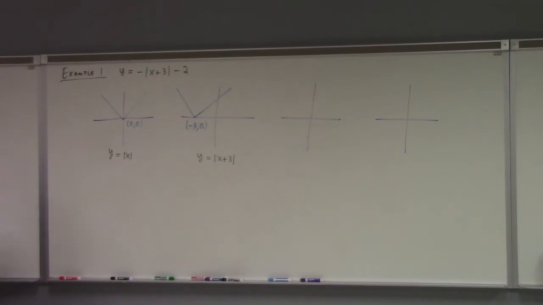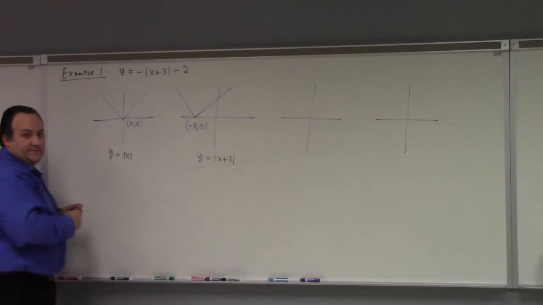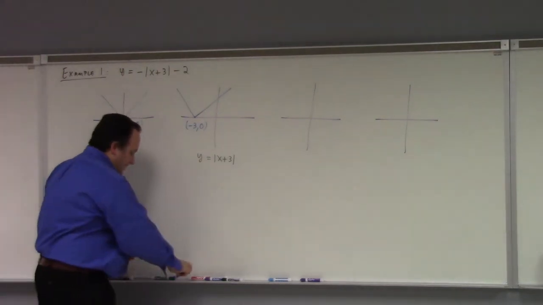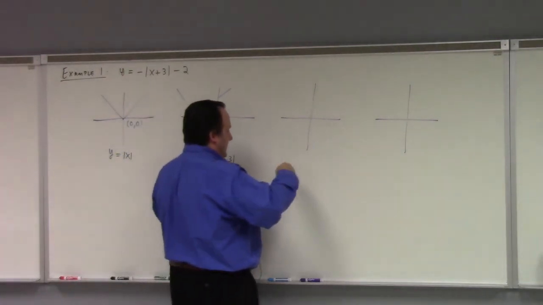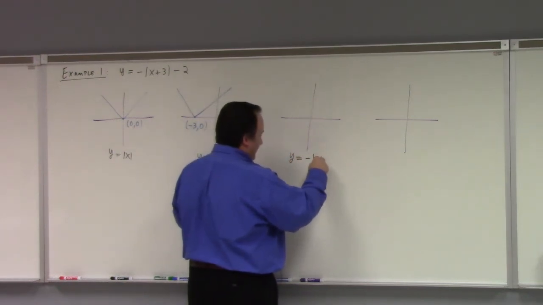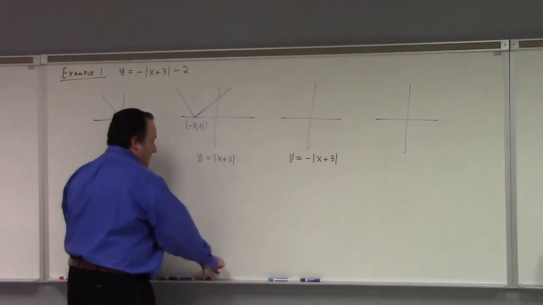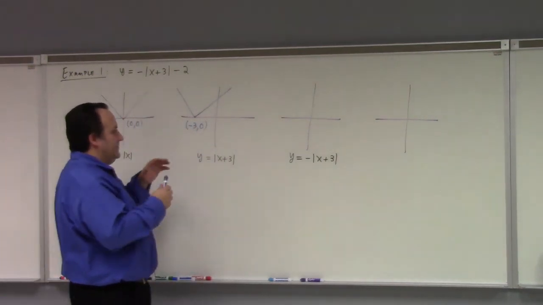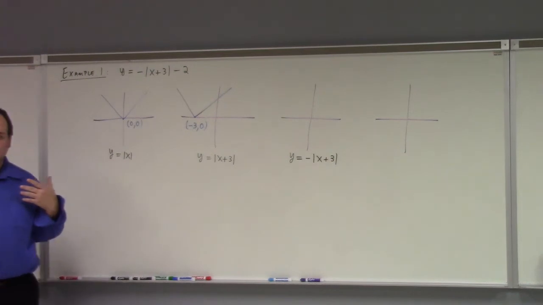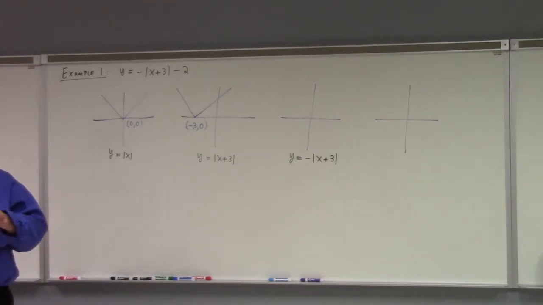Now what? I want this minus, so next thing I add the minus. So I'm kind of building the formula. One of the key ideas here is that the transformation process is one step at a time, and the order matters.